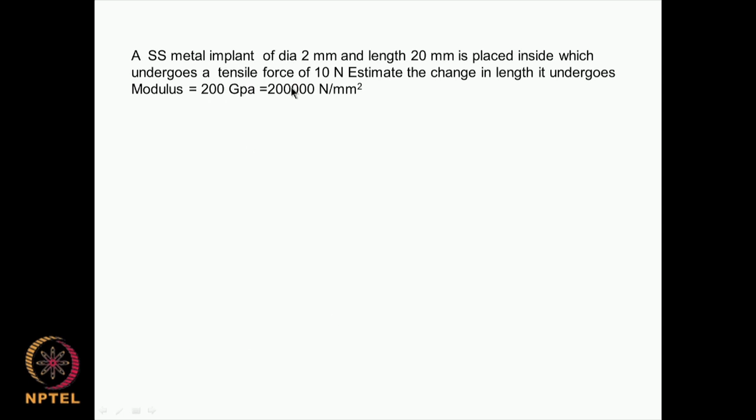So, 200 means multiply by 1000, so many Newton per millimeter square. The force is given, diameter is given, force by area will give you the stress. The modulus is given, so from there we can calculate strain. Original length is 20 millimeter, so from there we can calculate the change in length, that is delta L, understood.